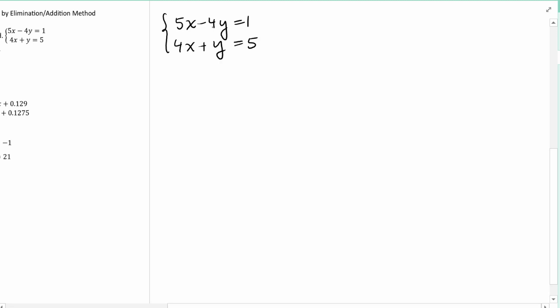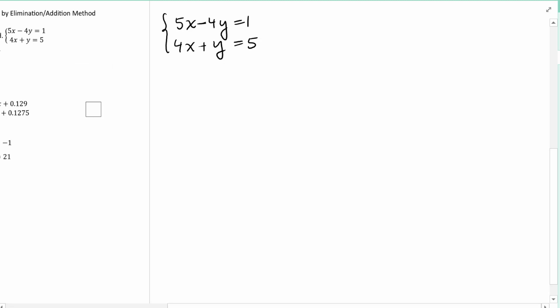So the idea of this elimination/addition method is to have in front of one of the variables, x or y, the same number, different signs. For example, if I have 4 in front of x here, I should have 4 on the other one, one positive and one negative.